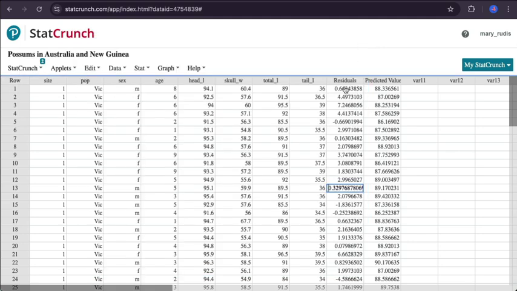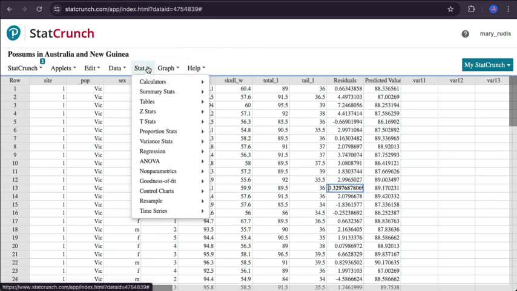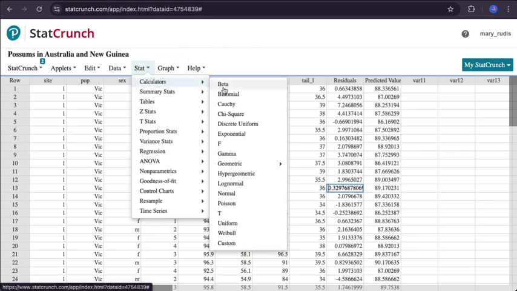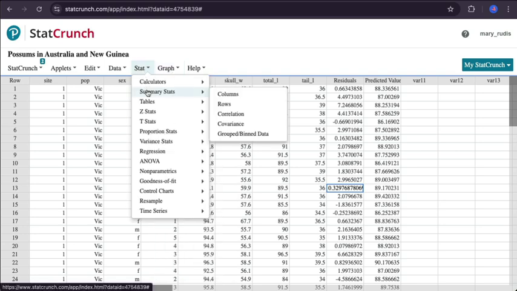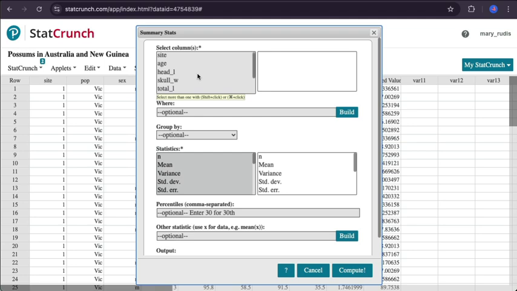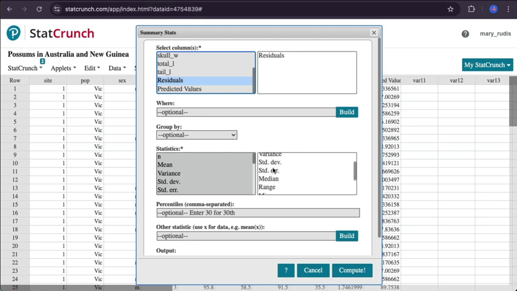The last thing that we're going to do is a summary of our residuals. So under stat, let's go to calculator and stat, summary statistics. And we're just going to look at the residual column. And I want to know the mean of this thing. So I don't need to unselect any of these.